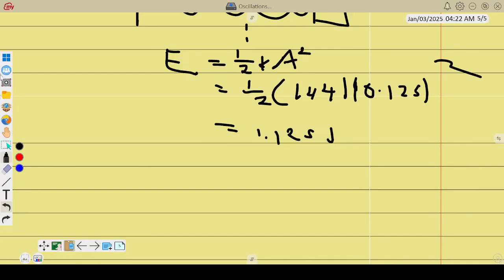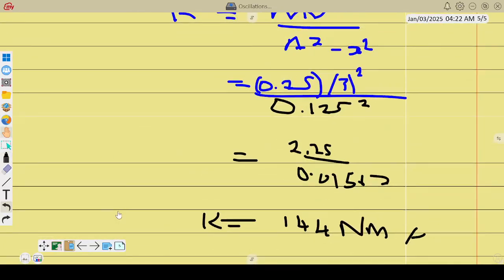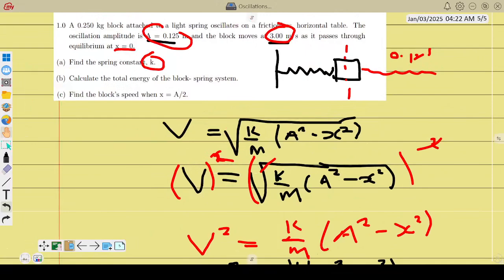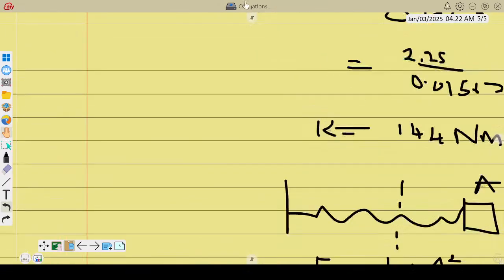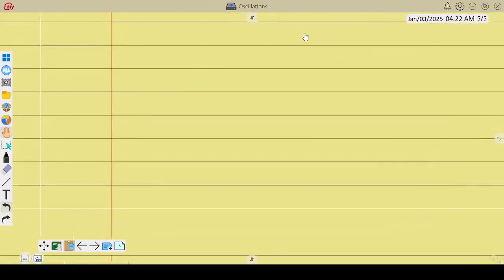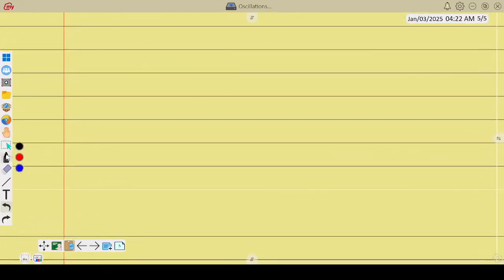The last question is find the block speed when x is equal to a over 2. This is a very common question. We remember the velocity formula with plus or minus; usually we take positive unless the question states that the object was moving to the left.